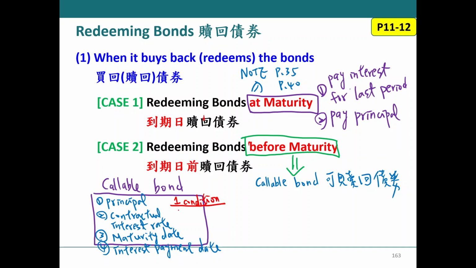You could pay debt, pay principal, pay debt before maturity date. Okay? So for the callable bond, not only the basic promises, you also have this condition. This condition tells you you have the right. What kind of right? Pay the debt before maturity date. Okay? Any questions?